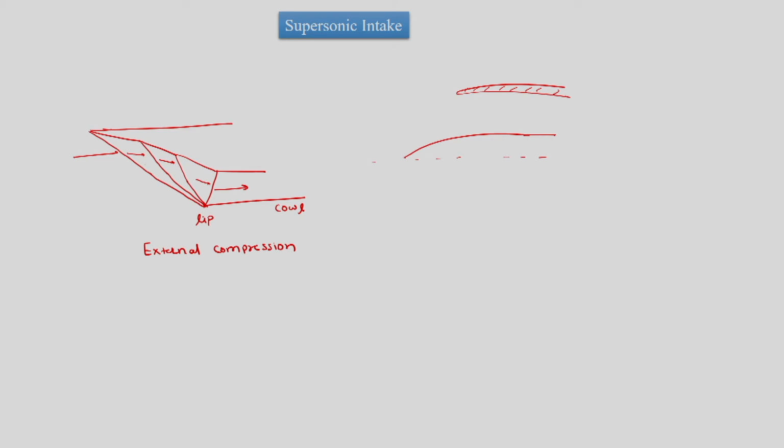There will be a shock which originates from the lip or from the point, and then this shock will reflect inside. So, due to the first shock there will be compression which is external, and due to internal shocks there will be compression which is internal to the duct. So, this is a mixed intake.